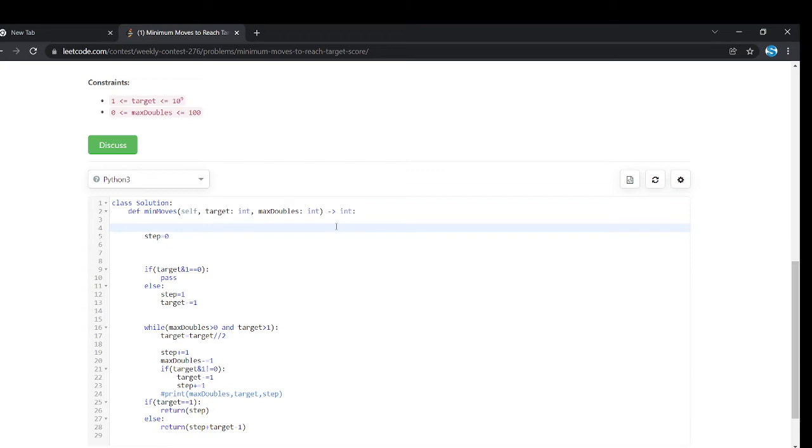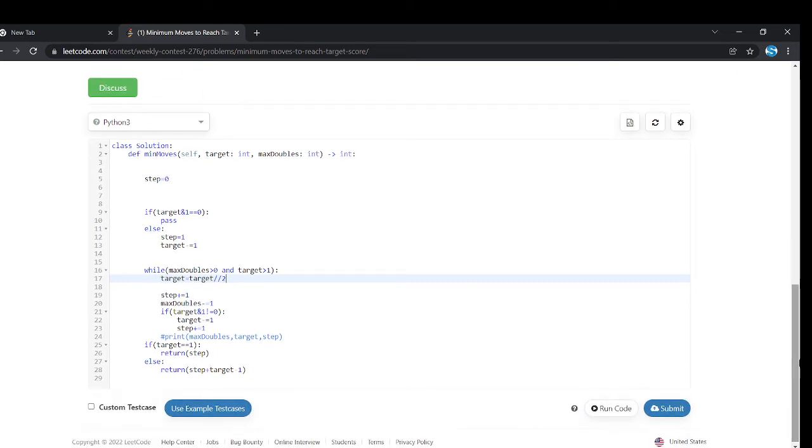Speaking about the time complexity, at the max it will be order of log of n to the base 2, since at each step we are dividing it by 2.